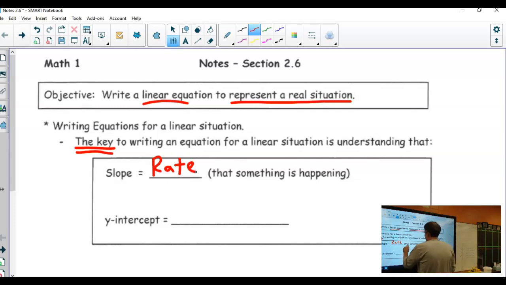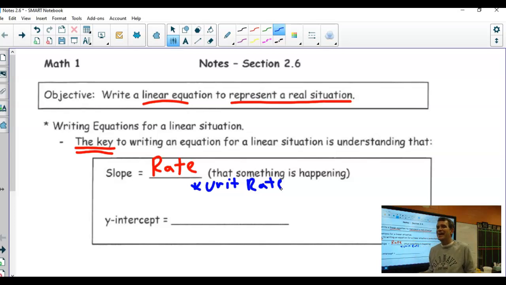I would like to point out that in addition to rate, we like to use what is called the unit rate. And the unit rate is when you divide the rate, right? You have y minus y over x minus x, the slope.